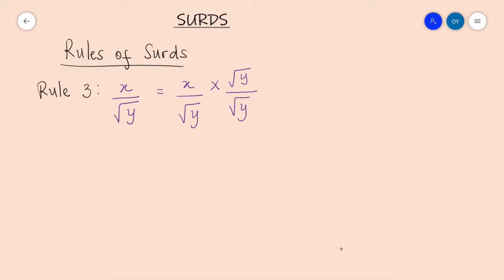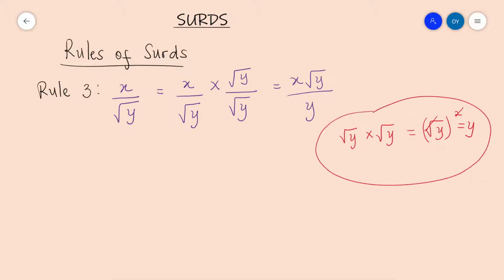And this gives us x square root of y over the square root of y multiplied by the square root of y, which gives us y. This is because we have the square root of y multiplied by the square root of y. This gives us the square root of y all squared. Square root and square cancel each other, and that's why we have y.